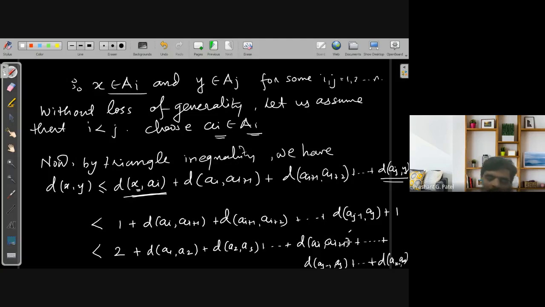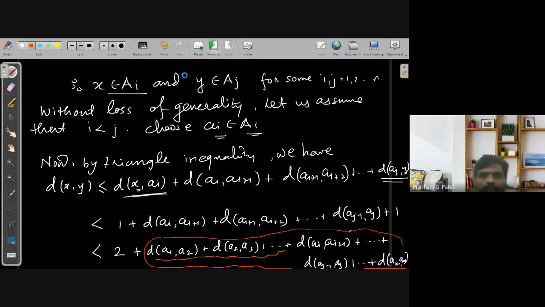So I have added these many terms, from here to this, and all of them are positive numbers. So that's why I can write that this is less than this quantity. And I may call this quantity m.